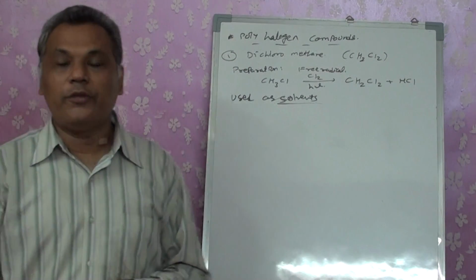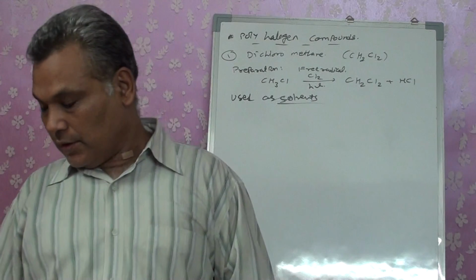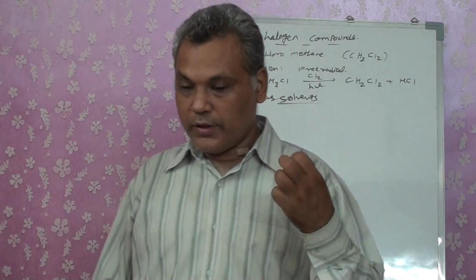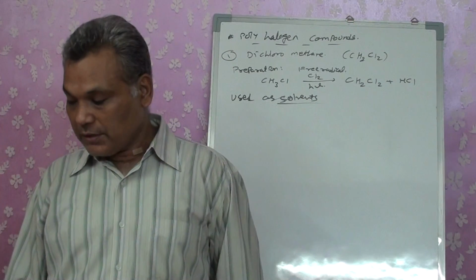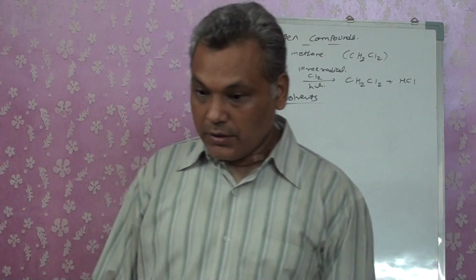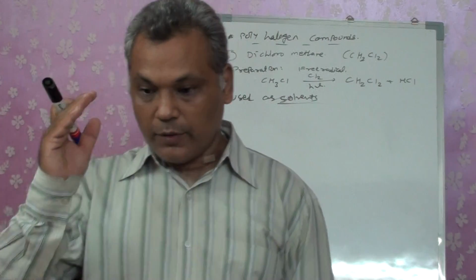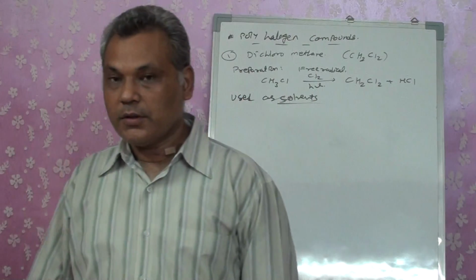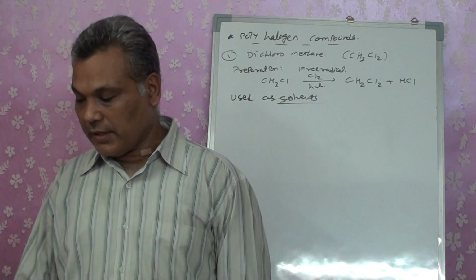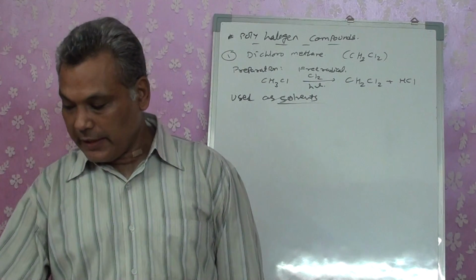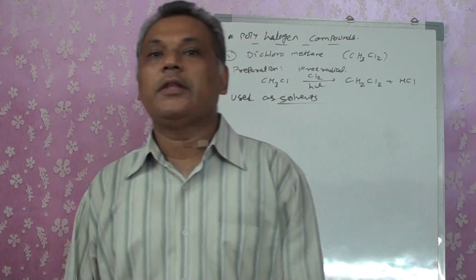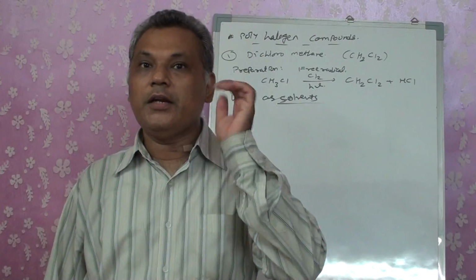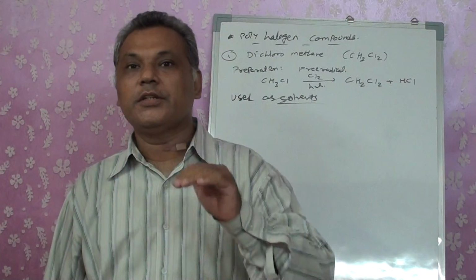But what are its harmful effects? When you come in contact with it, it depresses the central nervous system. That means the person's central nervous system and thinking power are damaged. Not only that, if you inhale even a small quantity, hearing or visualization is decreased.